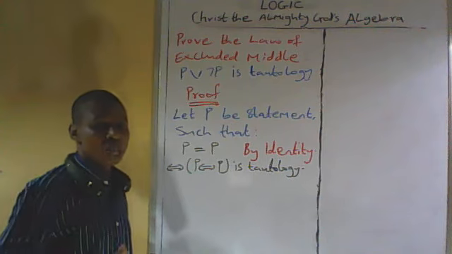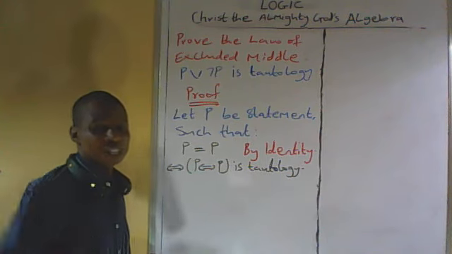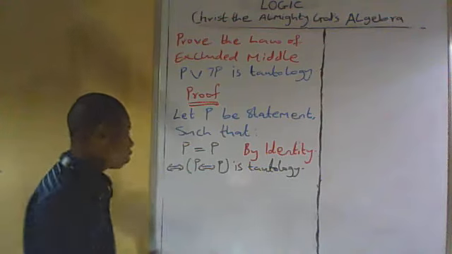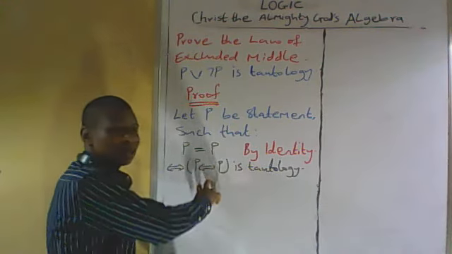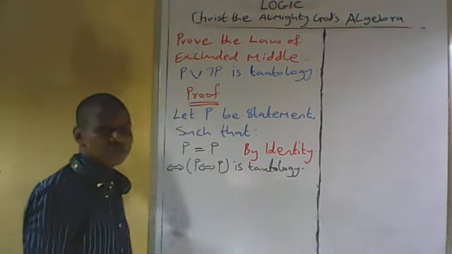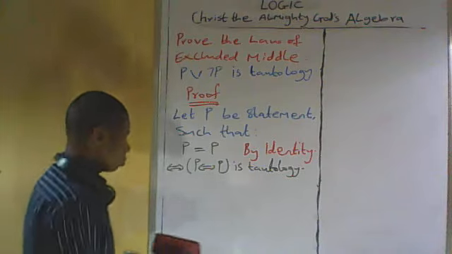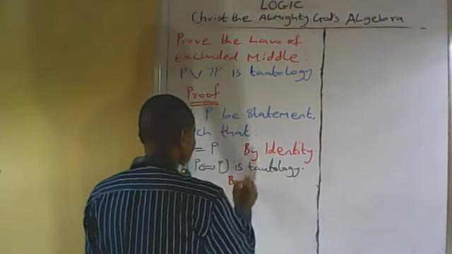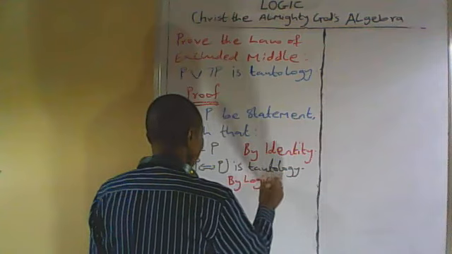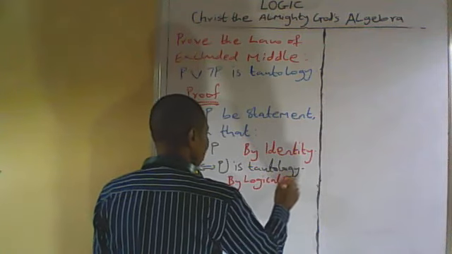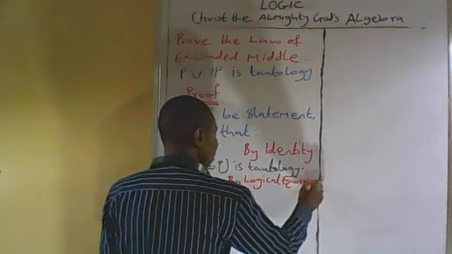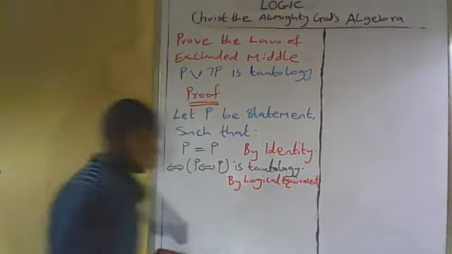So we cannot obtain falsity, and we say that it is a tautology. Now it is justified by logical equivalence.